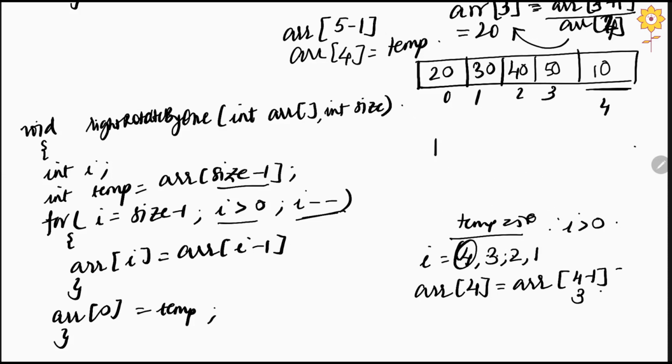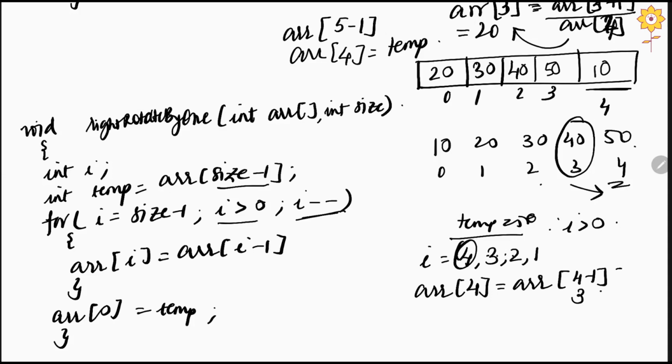Okay, so this is how my array is looking when nothing has been done, 0, 1, 2, 3 and 4. So, whatever is in the third position, which is 40, where are we placing it? We are placing it in the fourth position, the right position. That is what we want to do.